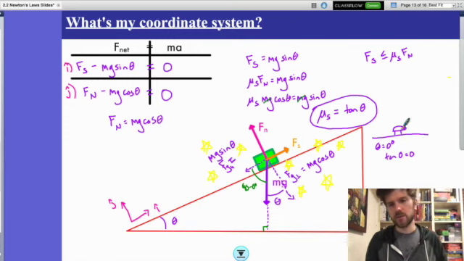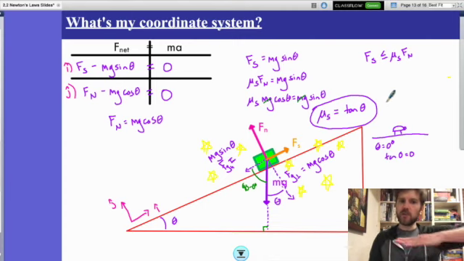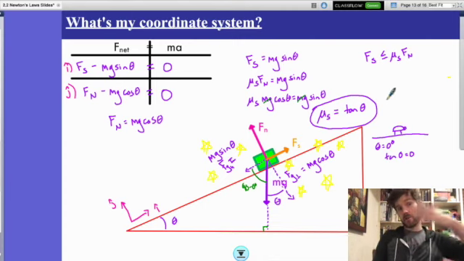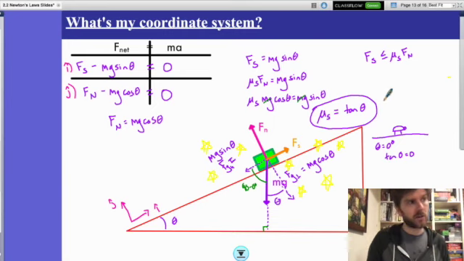I put Spooky down, Spooky just stays there. As my ramp gets bigger and bigger, tangent gets bigger and bigger, and so I need a bigger and bigger coefficient of friction. What if I get to the absurdity and I now want to ask, what if theta is 90 degrees? I'm asking what coefficient of friction will keep Spooky from sliding down here.